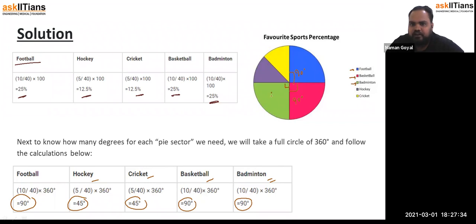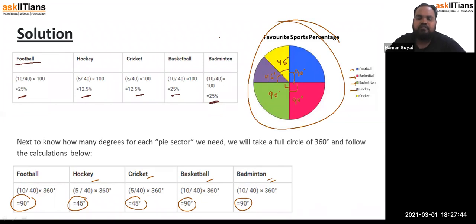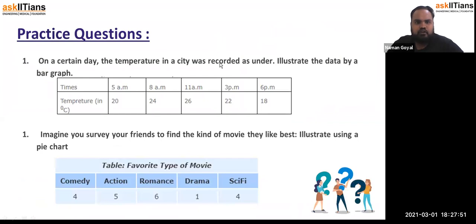For badminton also 90 degrees, right? And for hockey it is 45 degrees, and for cricket it is also 45. So the data represented in this form is known as a pie chart or circle graph. Got it? Now there are some practice questions, we are going to do them.